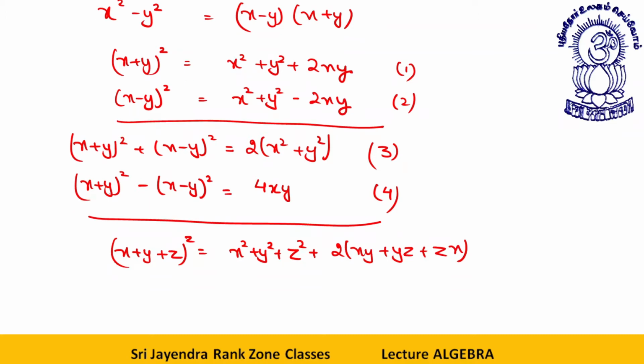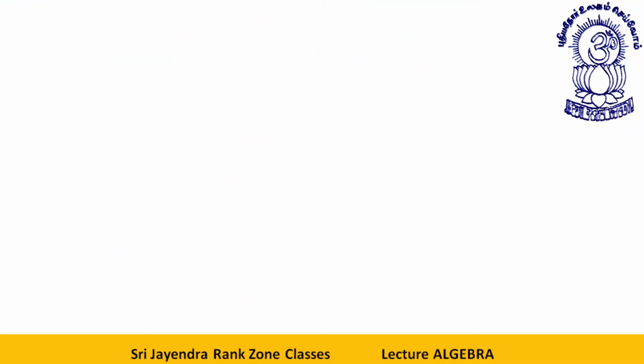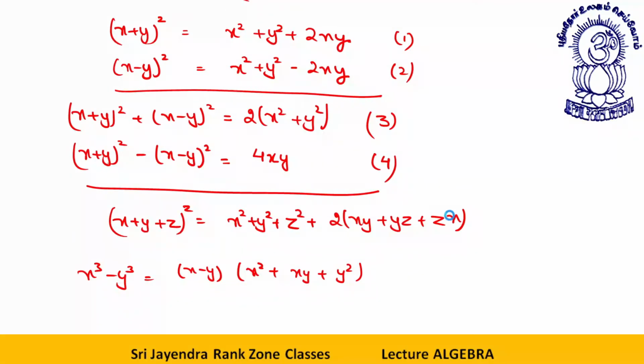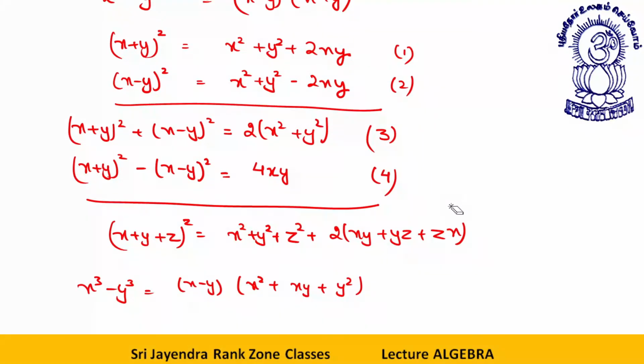And one more formula which I'll be using later on, but let me introduce it to you. See, you know what x cube minus y cube is. X cube minus y cube is x minus y, then bracket x square plus xy plus y square. Similarly, if I write x4 minus y4, what will happen then?